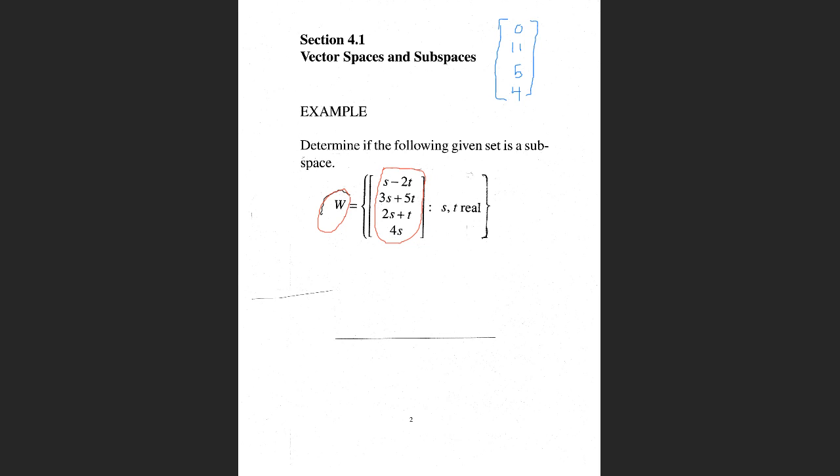Is this vector, 0, 11, 5, and 4, is that vector in W?